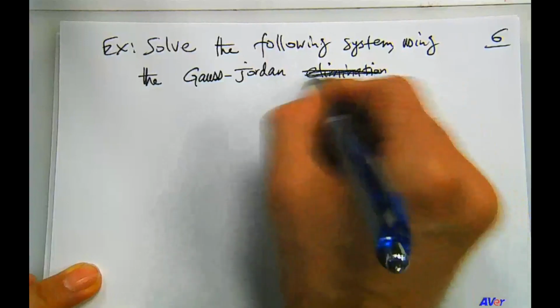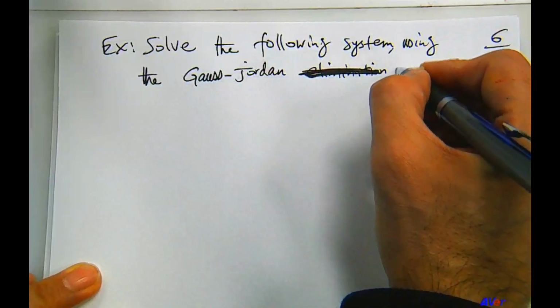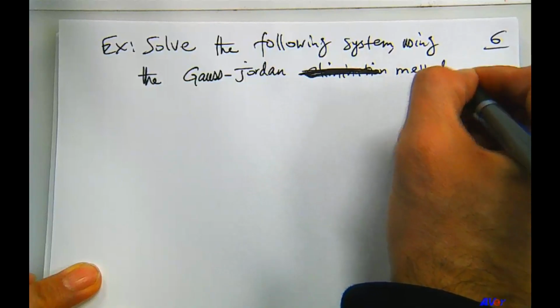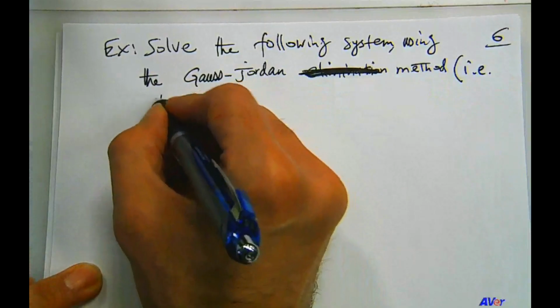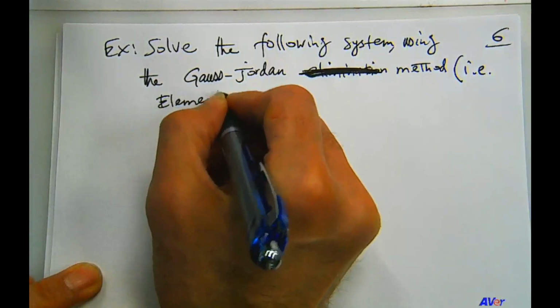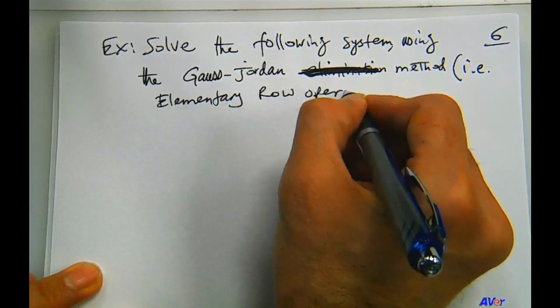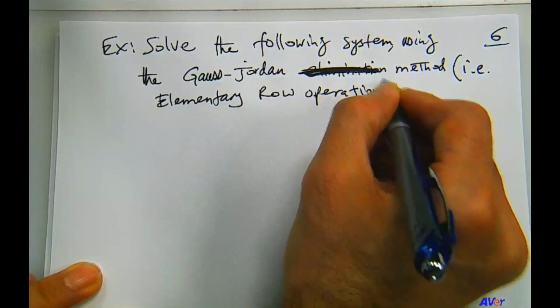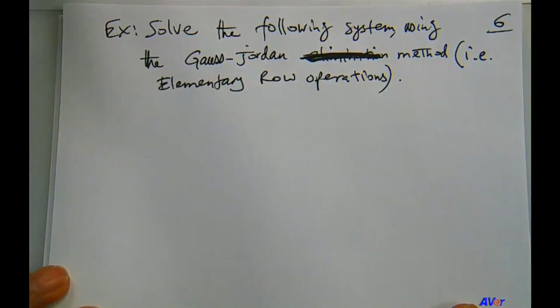Or let me just say Gauss-Jordan. That's better. Gauss-Jordan method, i.e. elementary row operations. Okay, and here's the system we're going to solve.